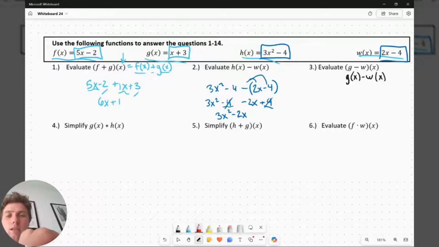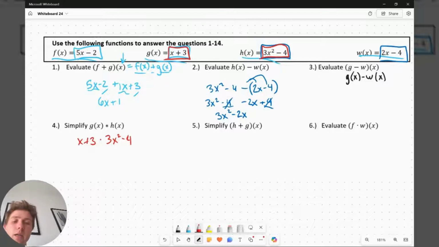Well, g of x, look at the top again, is x plus 3. There's my multiplication, and h of x is 3x squared minus 4. And again, based off of the logic from addition, the problem looks like it's set up correctly. But when you multiply, that means everything is multiplying together.